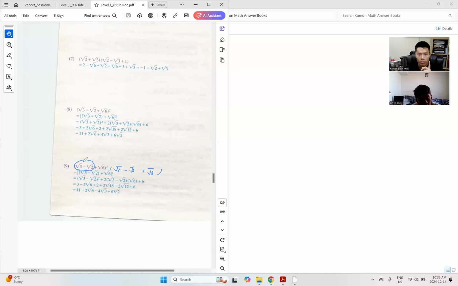Watch this: I do one, two, three, and then one, two, three, and that's already six operations. Last but not least, one, two, three, and that's 9 operations. Do you prefer to do 9 operations instead of just using the perfect square formula and doing 3 operations here, whichever you prefer?